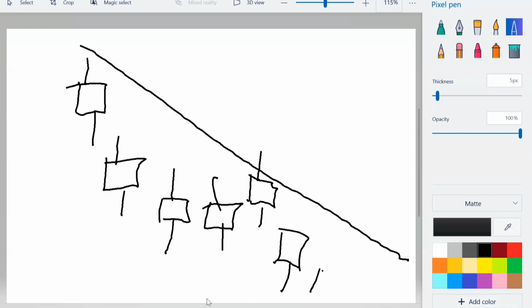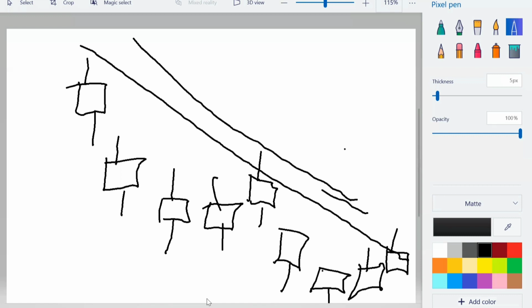So this shows that the candlesticks are following a particular trend, a downward trend.